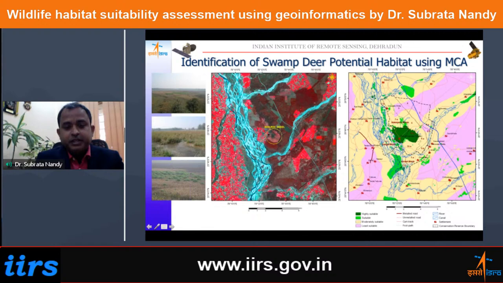So their path is like this. This is also a wetland kind of area. They practice agriculture here, but not the kind of agriculture practiced elsewhere. We even gave a suggestion: if there is a small village here, it could be relocated to some other place, so everything could be considered under the conservation reserve if possible. So here you can make a suggestion also.